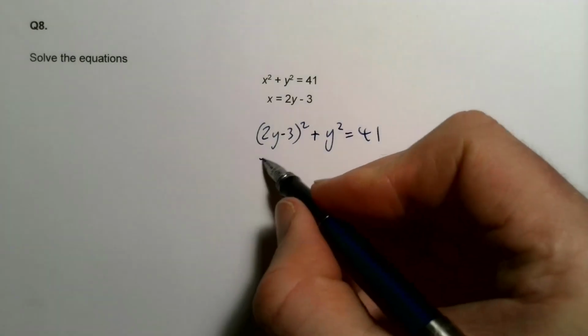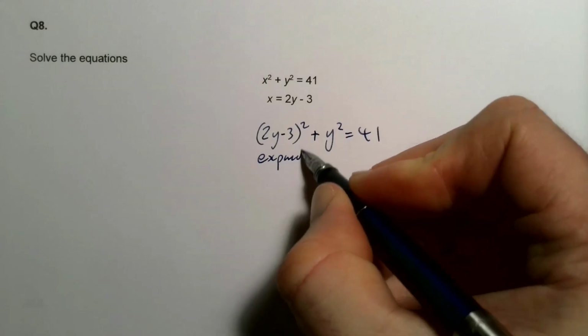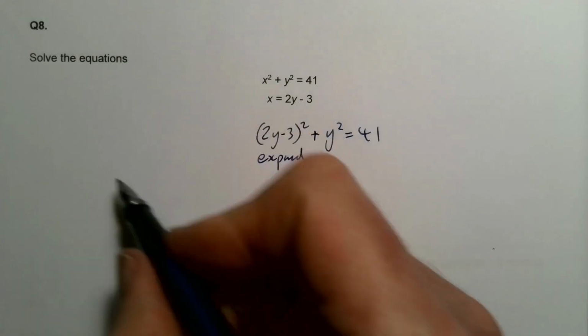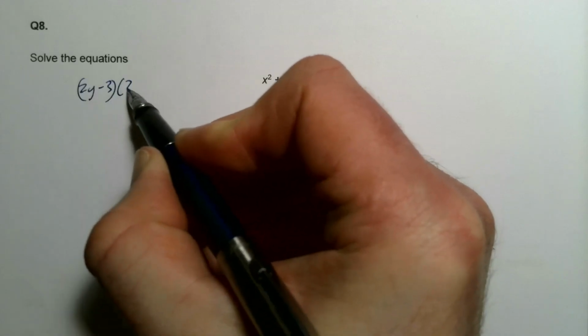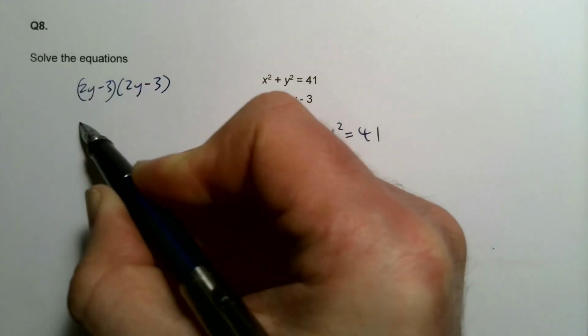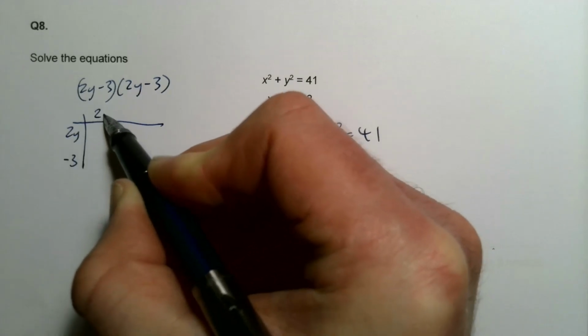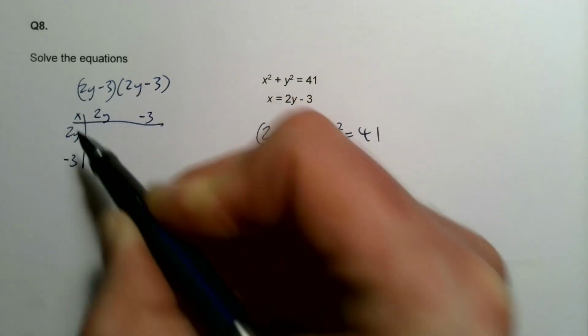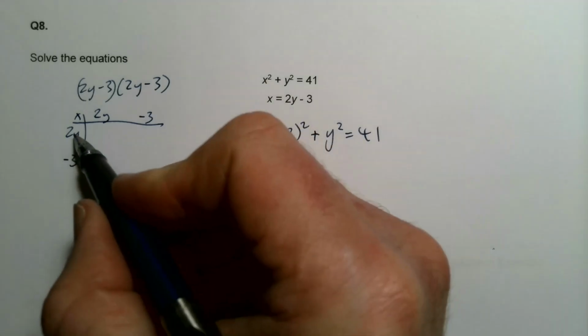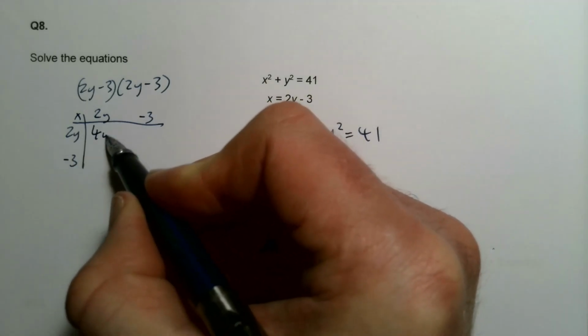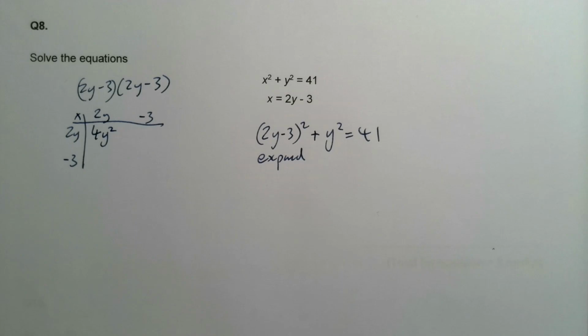So the next thing I need to do is expand that double bracket. That means 2y minus 3 times 2y minus 3. So let's use a grid to do that. 2y take 3, 2y take 3. And remember, we're multiplying. So 2y times 2y is 4y squared.